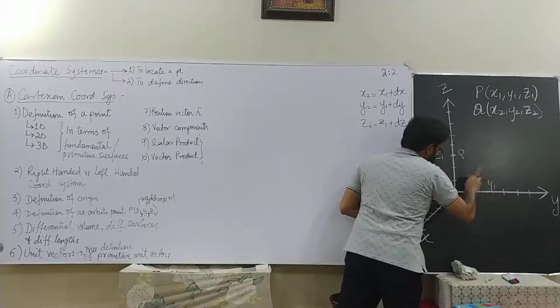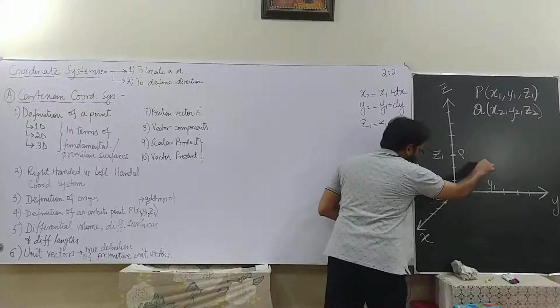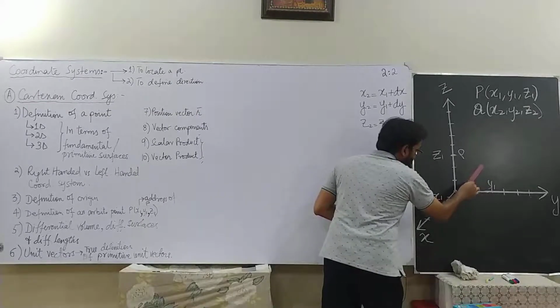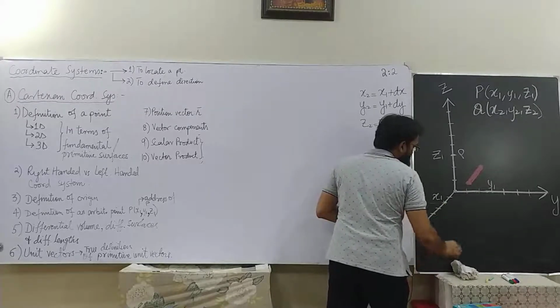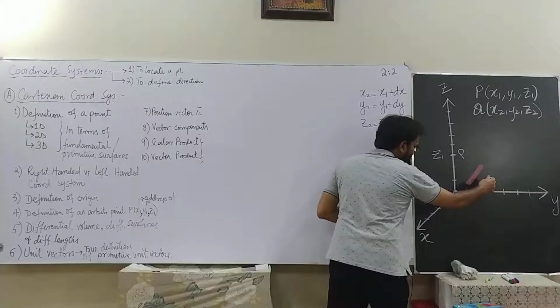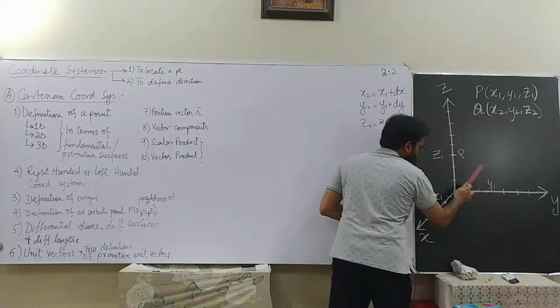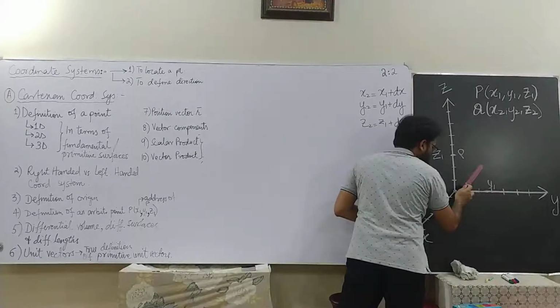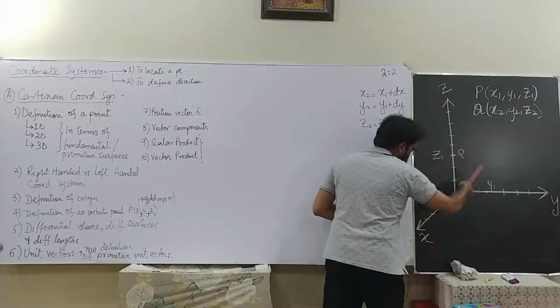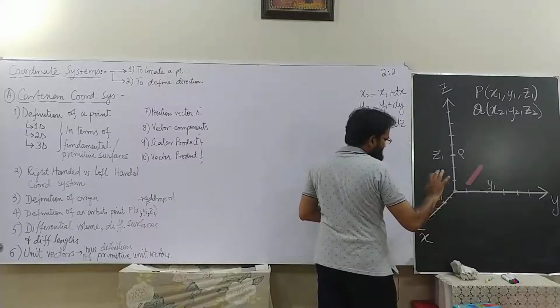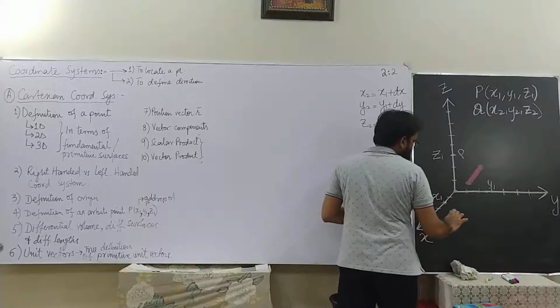I moved from here in the direction of x only. So at this point we have got the same value of y. The value of y will be y1. We just moved in the direction of x alone, so the values of y and z should remain the same.